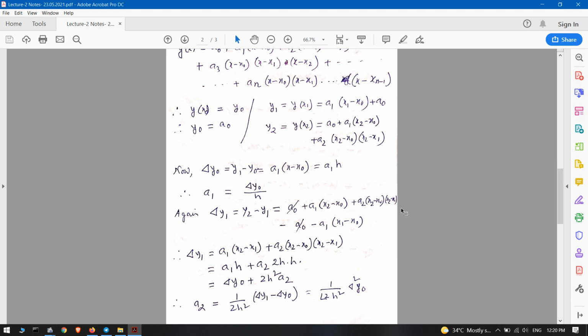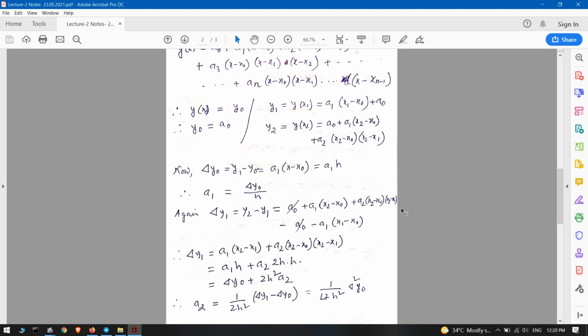We can write x minus x1 in this fashion, x minus x naught minus (x1 minus x naught). So x minus x naught equal to ph, x1 minus x naught equal to h. So we can write that (p minus 1) into h. Similarly, x minus x2 will be (p minus 2) into h.